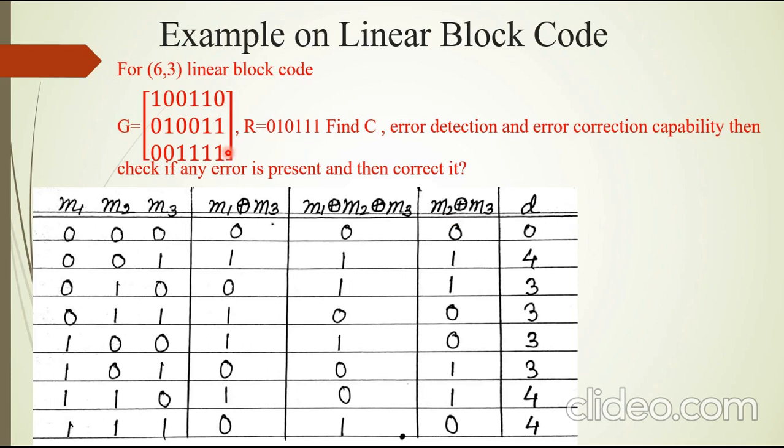So in the last column of the generator matrix, the parity bits are: the first one is 0, the second one is 1 and the last one is 1 also. So M1 is 0, M2 is 1 and M3 is 1, so it will be M2 plus M3 because M1 is 0. So let's see M2 XOR M3.